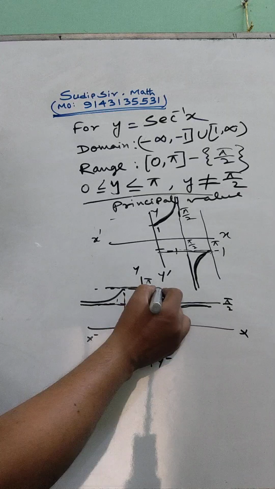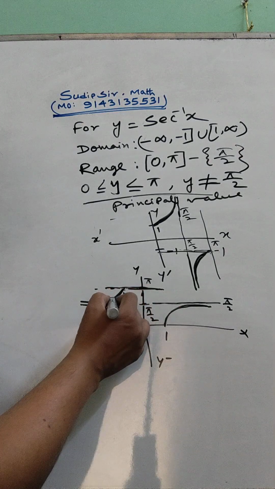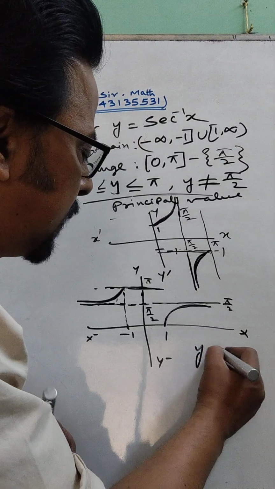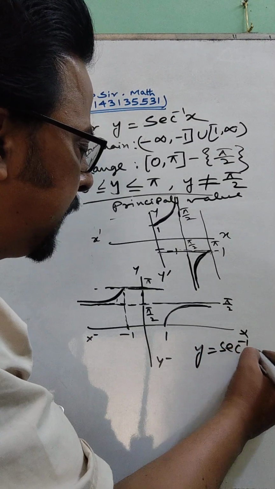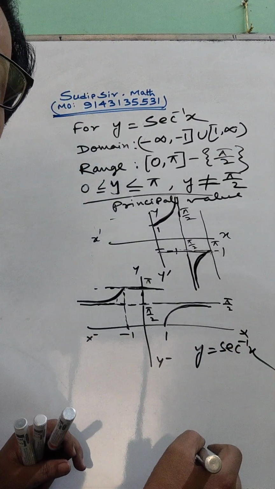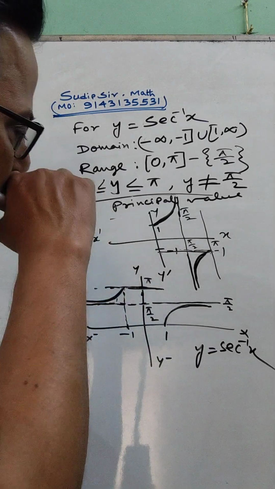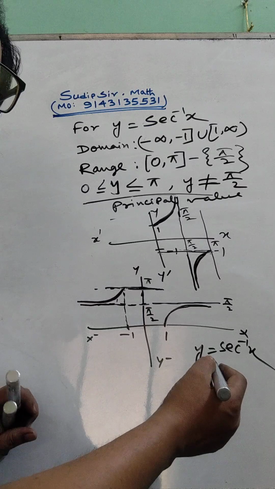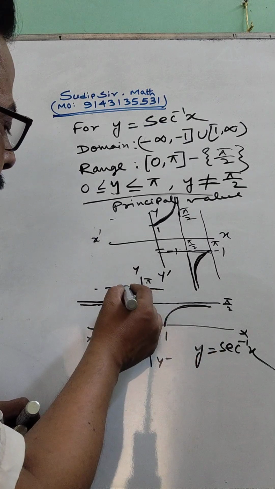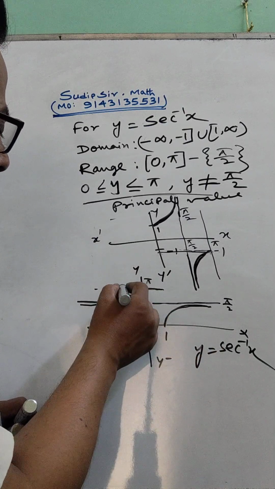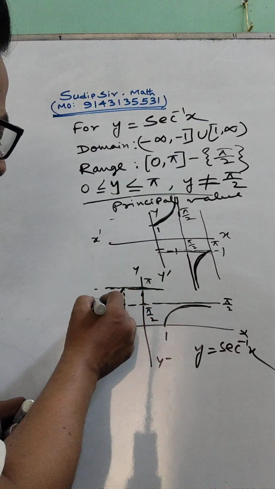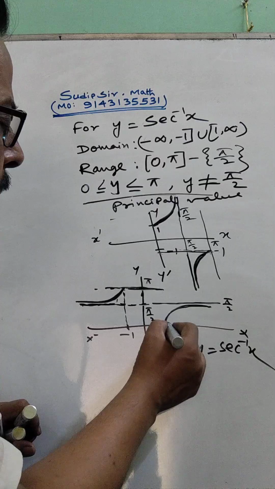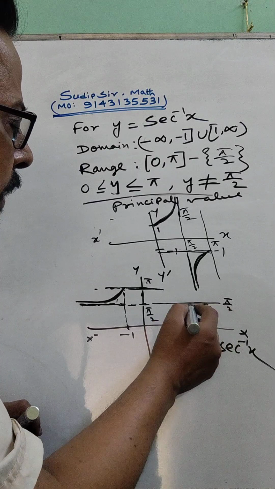Minus 1 and this is pi. So for y equal to sec inverse x, from minus 1 this way, from plus 1 this way.